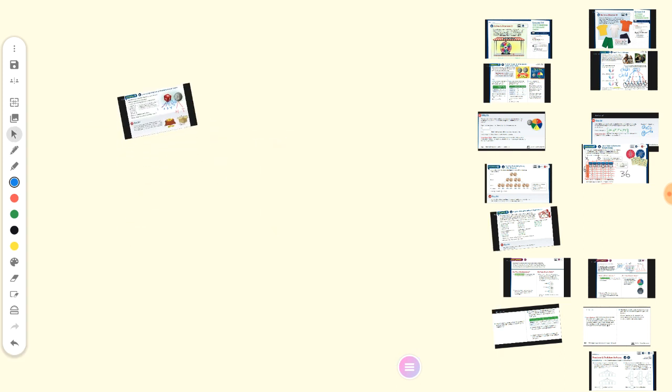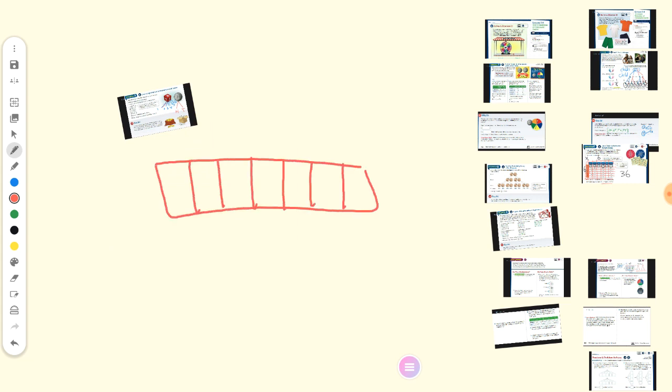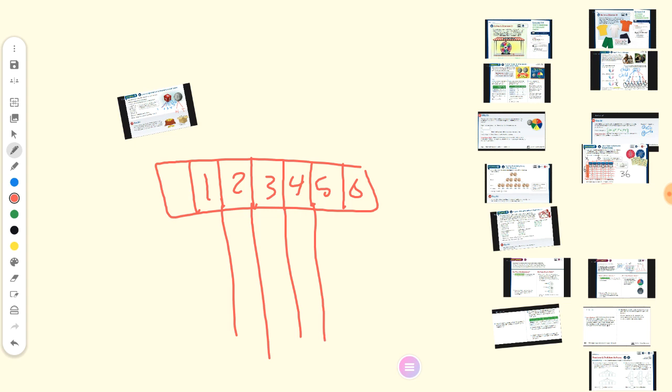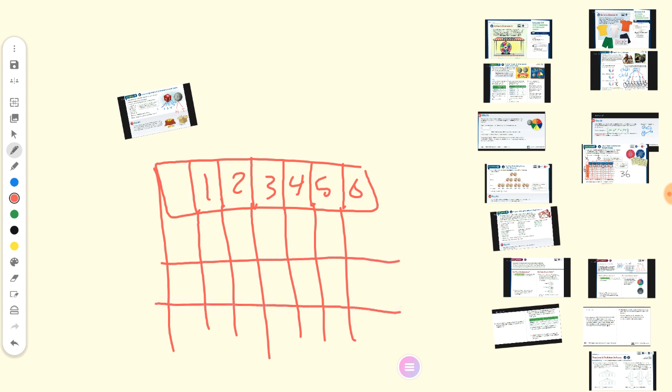Here, we will put in the first row 1, 2, 3, 4, 5, 6. This represents the cube. And in the column here, head or tail.